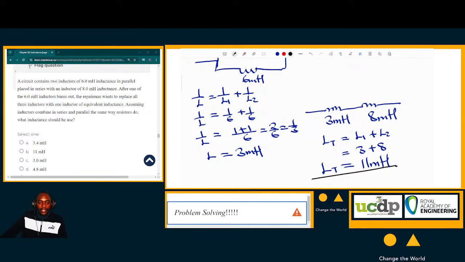How did you get 3.4? Or you treated the 6 in parallel as in series, then you went the other way. How did you go about that one?